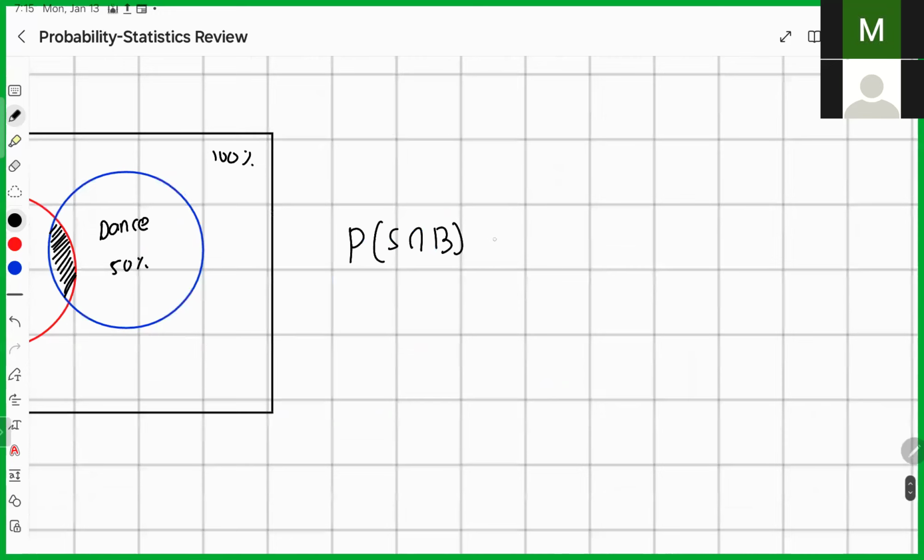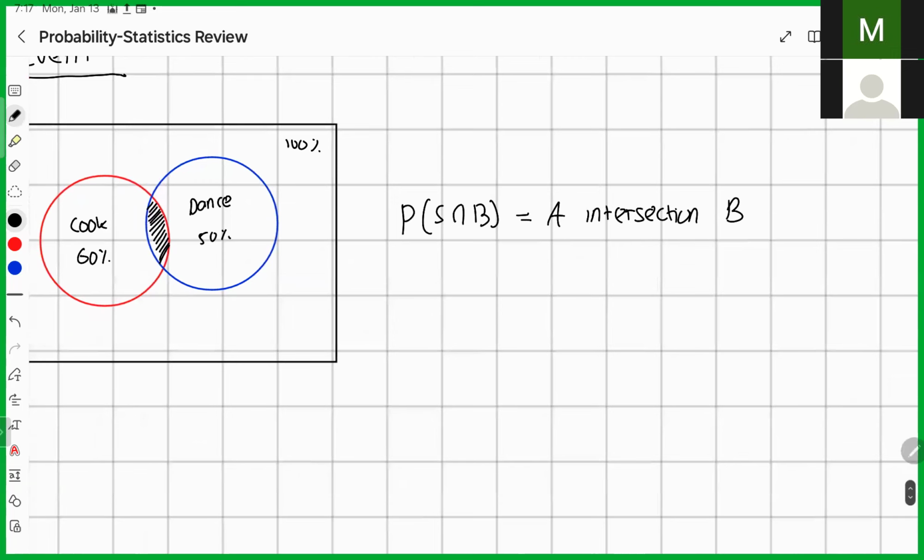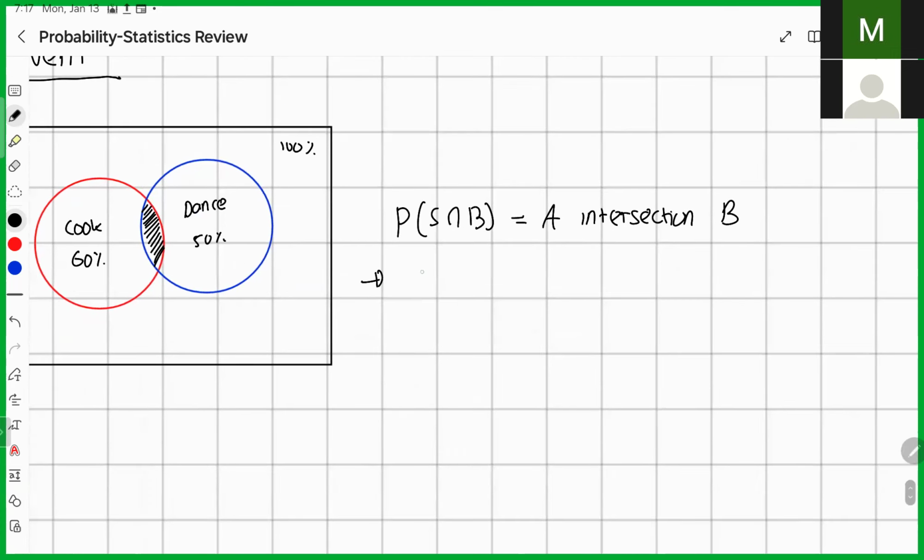Okay, this is intersection, A intersection B. So usually, for example, if there is a question that asks you what is the probability of a student who loves to cook or dance, this is the common problem people ask. Mathematically, it can be expressed as this.